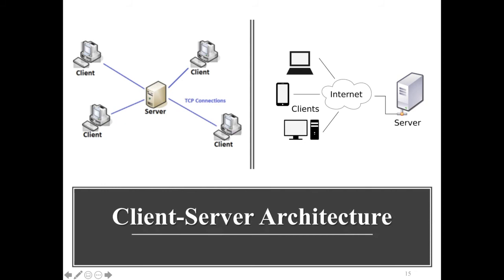The Google server can be one or more, so the requests are sent through the internet to the server, and the server or servers respond back to you. The one who sends the request is called the client. The one who serves or responds to your request is called the server.